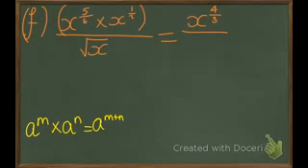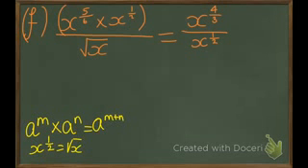Okay, well, you should know that x to the power of a half is equal to the square root of x, and therefore the square root of x is equal to x to the power of a half. So here we have our denominator becoming x to the power of a half.